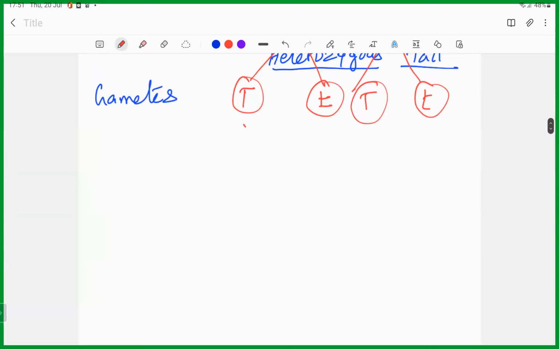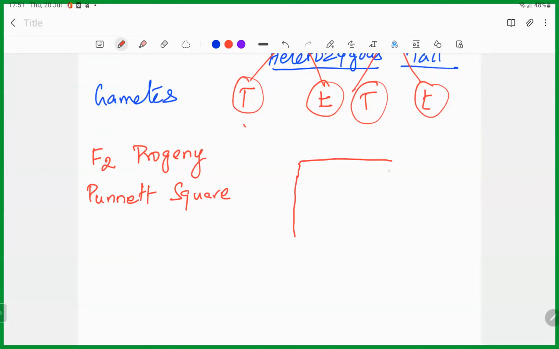Now we are going to work out the F2 progeny. We are going to predict the F2 progeny. So what do we actually use? Punnett square. What is a Punnett square?